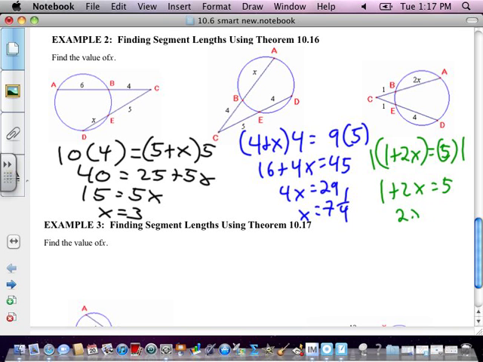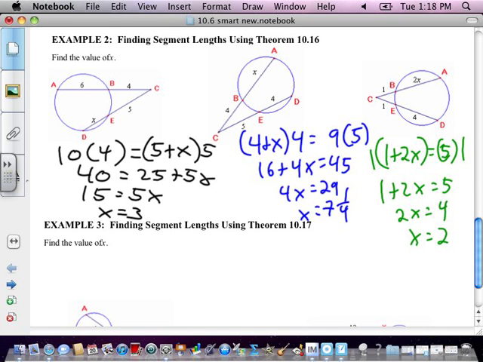So 2x equals 4. So x equals 2. I know I do the algebra part pretty fast. If you're getting lost, please let me know. Because I did 4 plus 1 because I wanted the length of the whole thing. So you guys feel like you could find the length of segments that are secants?